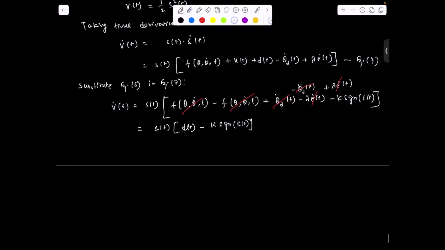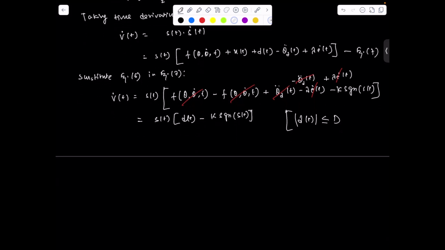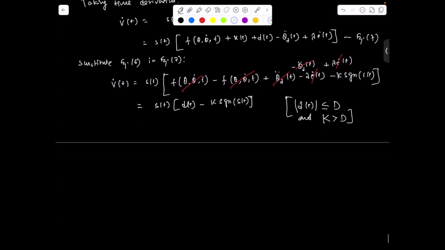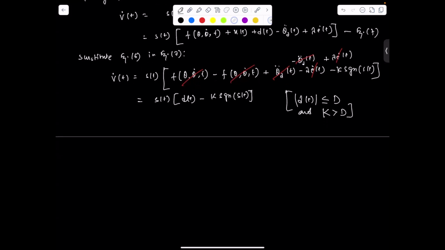And since we have the norm of d(t) less than or equal to capital T, and also we are assuming this k is greater than d, so this is the condition we are having. For this condition we can write this less than or equal to minus (k minus d) times the norm of s(t). This is the whole process we have done in the earlier lectures.